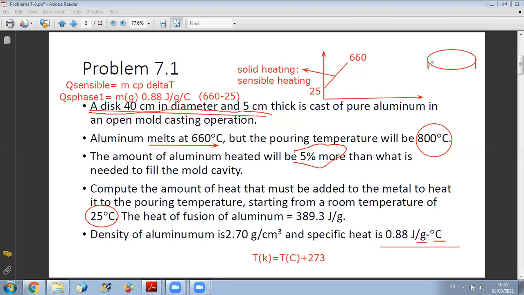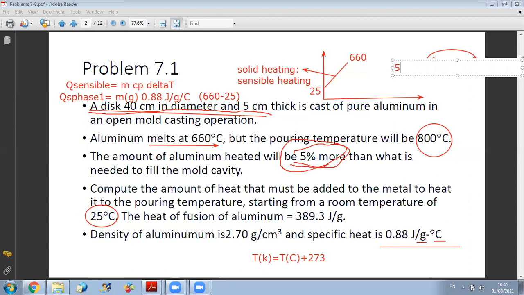And once I know the final volume of my casting part, taking into account shrinkage, they told me that I should use 5% more volume than the final one. So here, the casting volume should be calculated because I know the dimensions. I have D equal to 40 centimeters, and the thickness is given to be 5 centimeters.